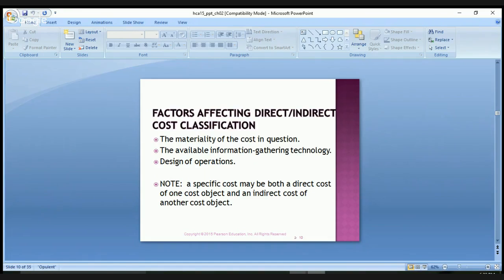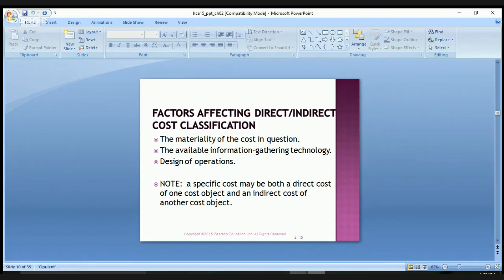Okay. Availability of information gathering technology. In our world today, we're driven by computers. There are still companies out there that are not. So do they have the technology available to get down to the nitty-gritty? If you're talking Boeing, they might have it, or they might count the rivets in the airplane.